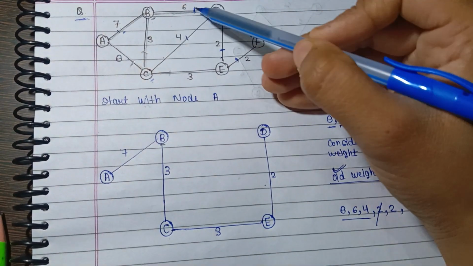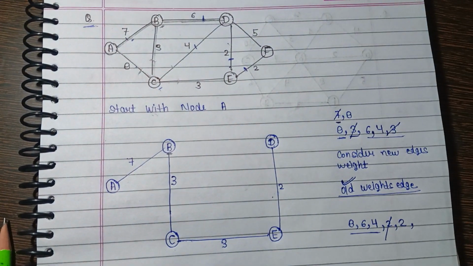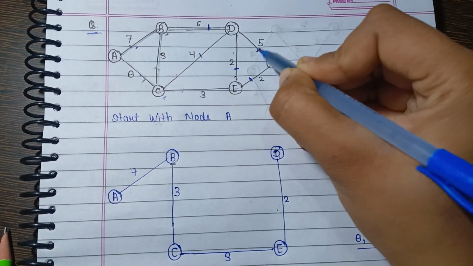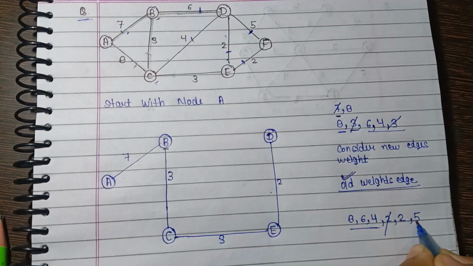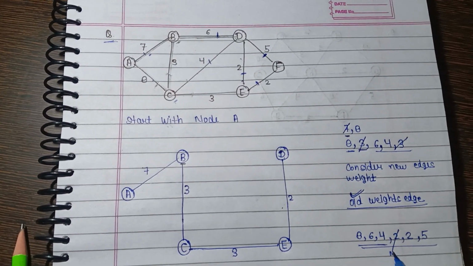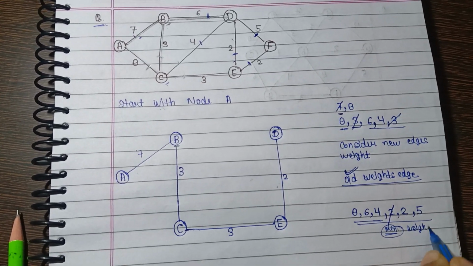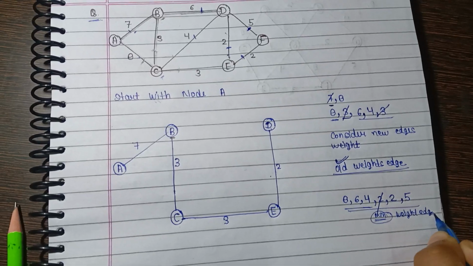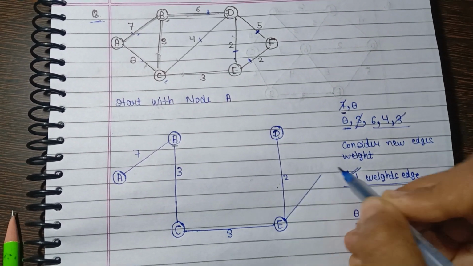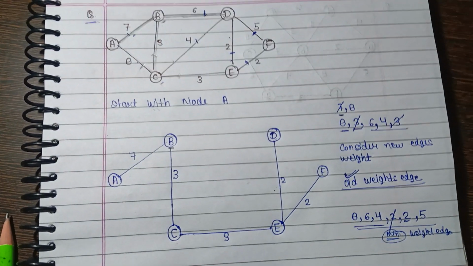We already used this, and the edge which has weight 5, we include this. Now again find the minimum weight edge. So the minimum weight is 2. Okay, so we again add this because it does not make any cycle.